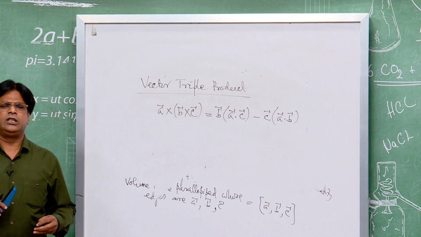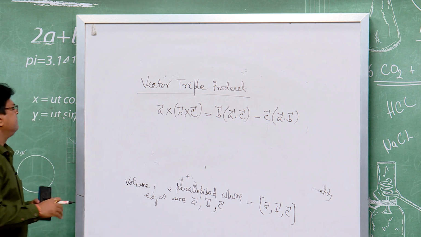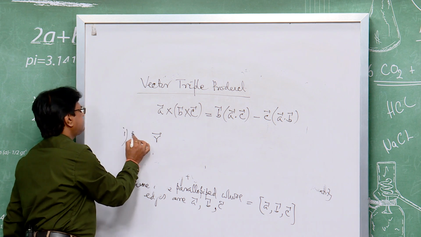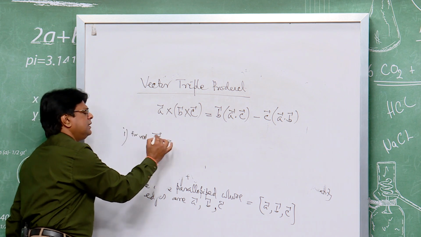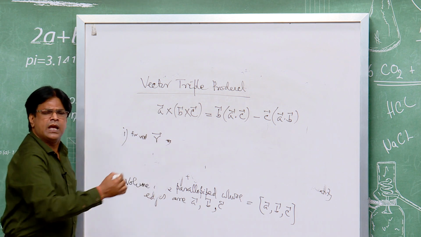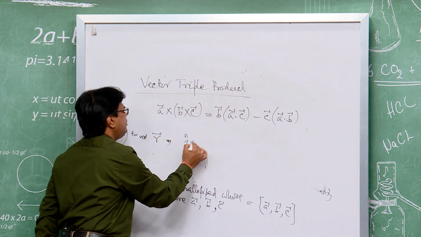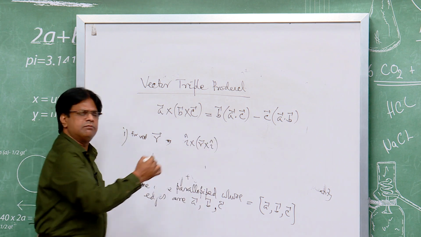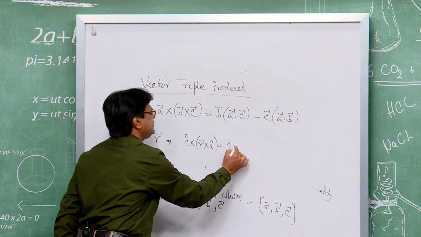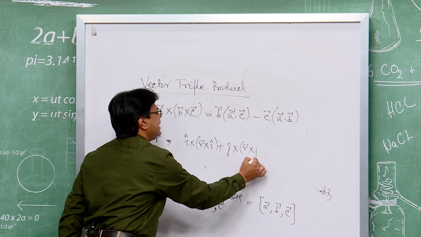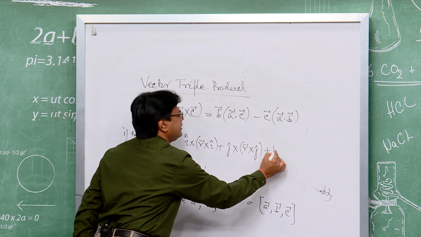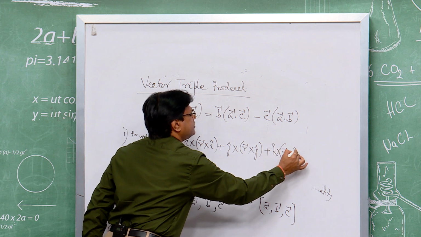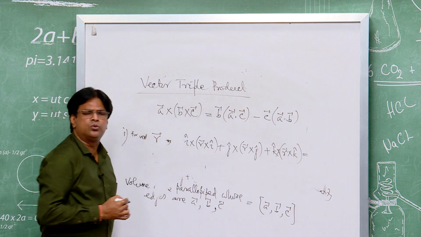For any vector R, you have to remember this: i cross R cross i plus j cross R cross j plus k cross R cross k is always equal to 2R vector.